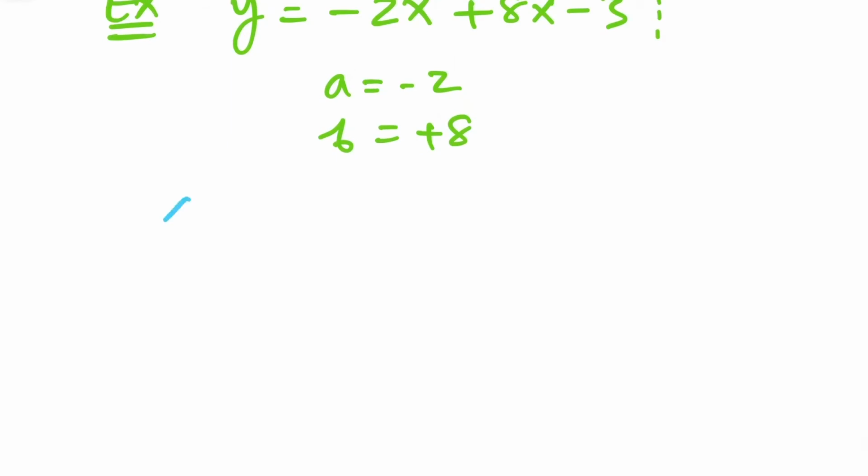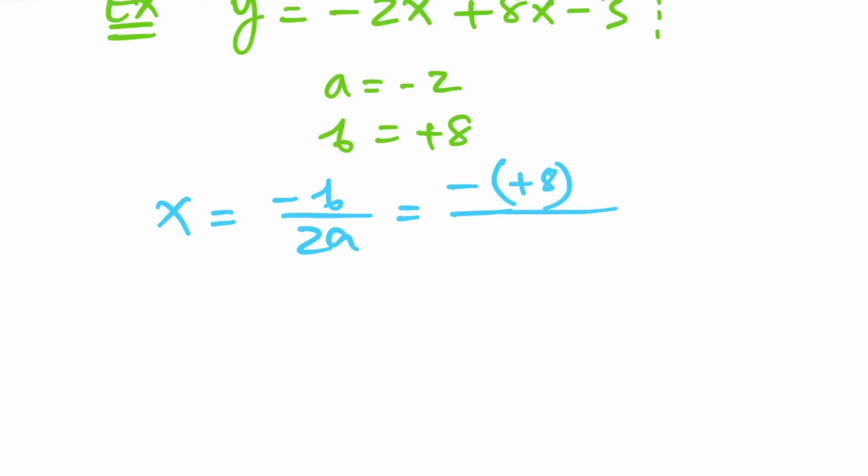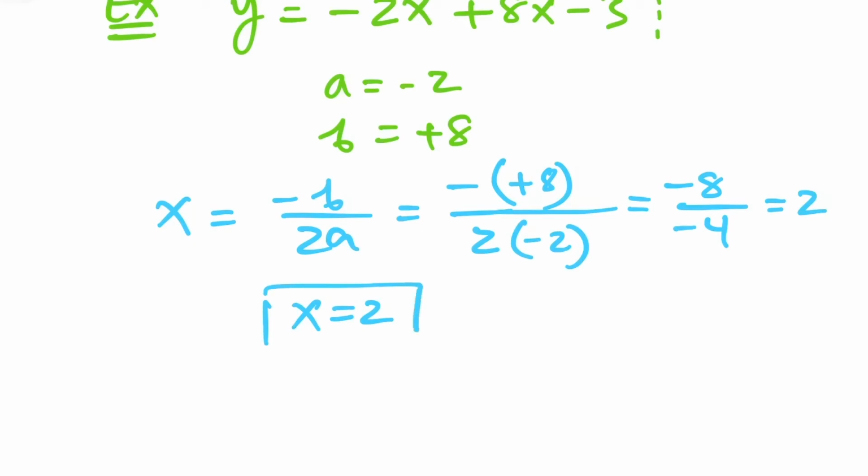So what we have to do is use the formula. The formula says x equal to negative b over 2a. Negative b is going to be negative positive 8, which is negative 8. Now 2 times a, which is equal to negative 2, is negative 4. So that's going to give us negative 8 over negative 4, which will be equal to 2.